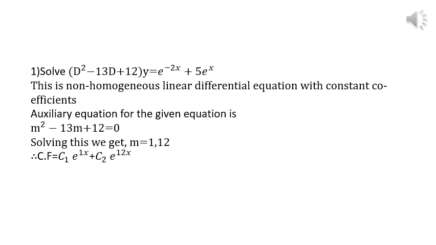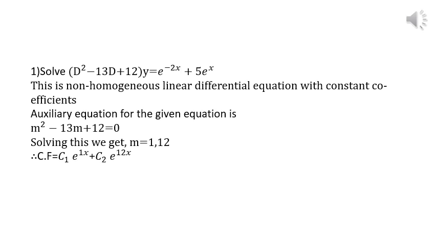Using that formula, D = (13 ± √(169 − 48)) / 2. After simplification, the two values are 12 and 1. They are real numbers but different numbers.